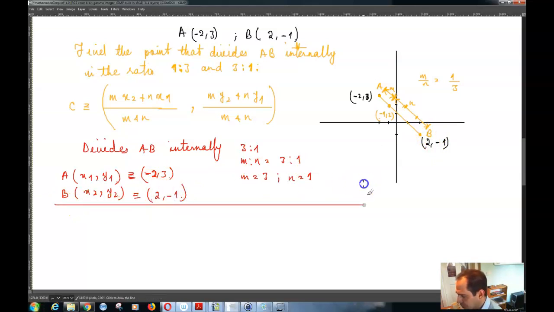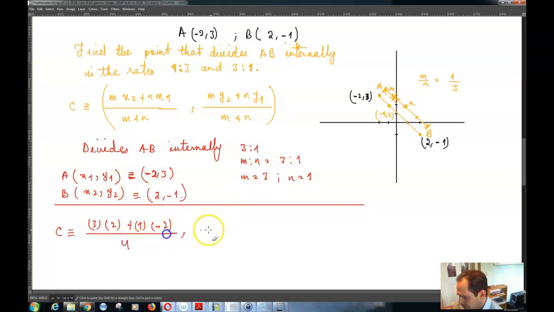So now again you can solve this problem having this information, meaning that the coordinates of the point C would be basically again mx2, so 3 times 2 plus nx1, 1 times negative 2 over m plus n, which is equal to 4.